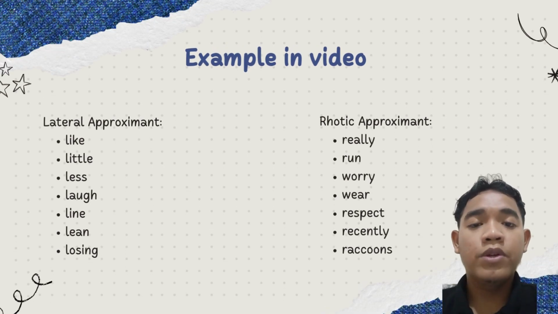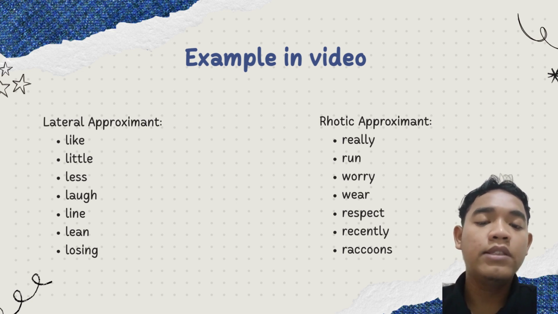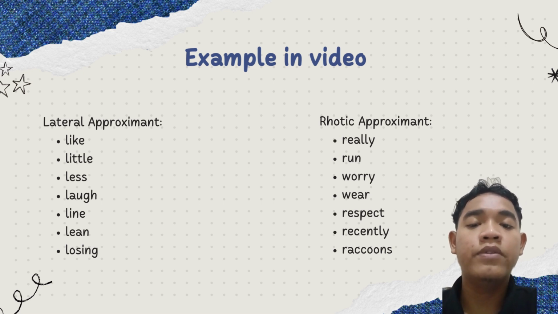After watching the video, we found some words. Examples of the lateral approximant in the video include words such as like, little, less, large, line, lean, and losing.